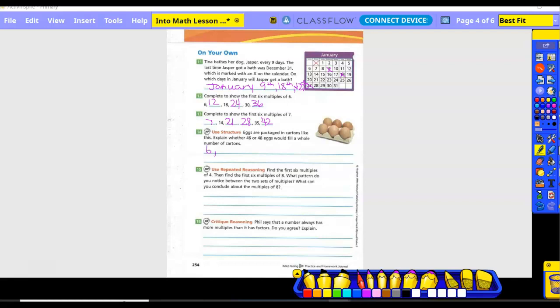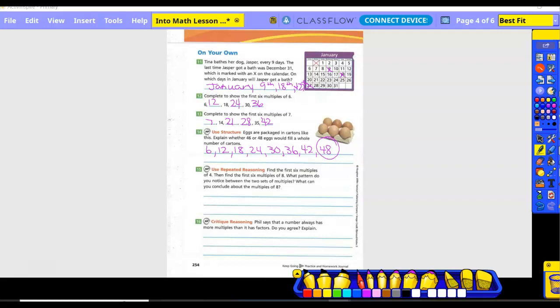So 6, 12, what's next? 18, 24, 30, 36. Next? 48. So which one? So 48, right? Because 48 is a multiple of 6. So that would give you a whole set full.